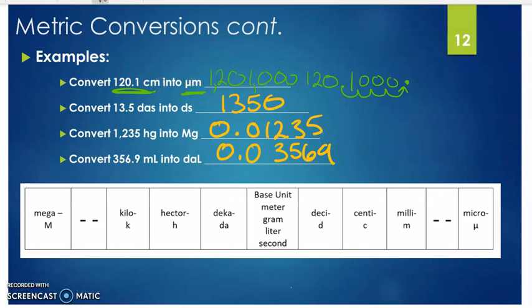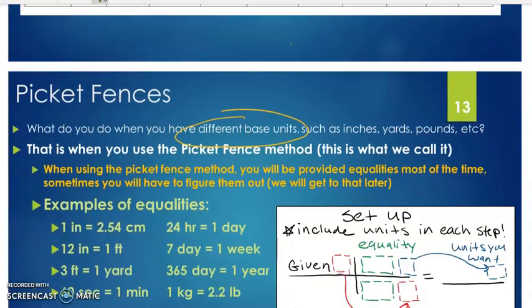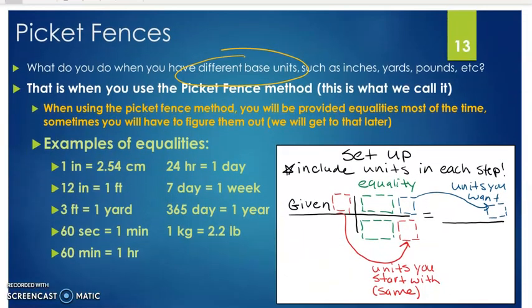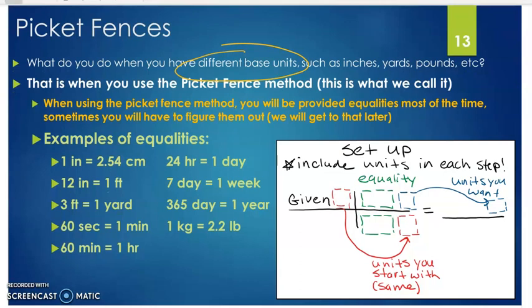But what happens when you're traveling or something and you're in a different country and they don't use the same units? A lot of other countries use kilometers versus here we use miles. So how can we convert between those, without having to memorize whether I multiply or divide, or if I'm trying to go from one crazy base unit to another crazy base unit?